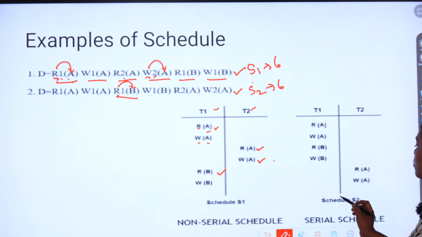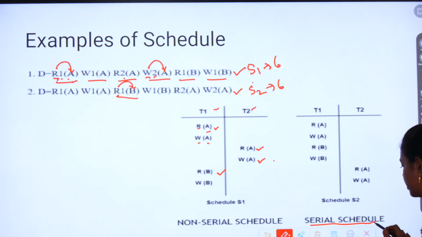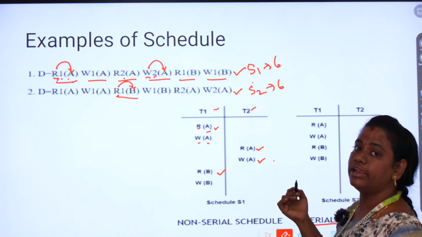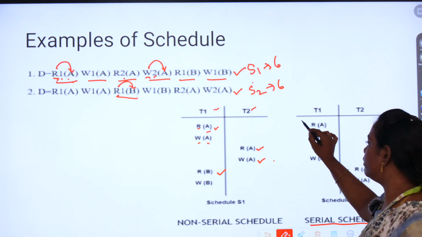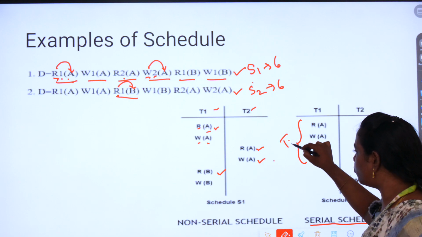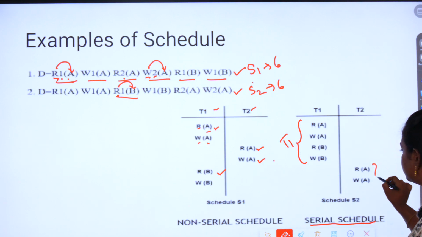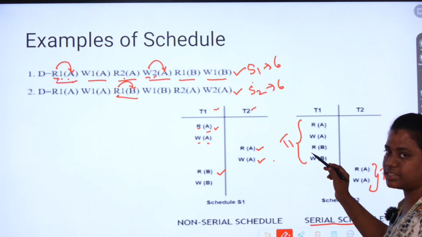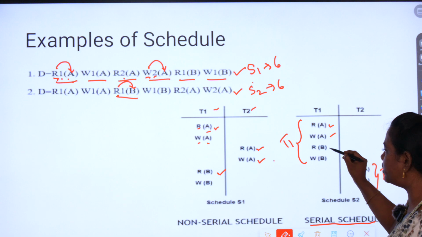Okay, here now comes your serial schedule. This is your example for a serial schedule. I already explained what a serial schedule is. Here in a serial schedule, after completing transaction 1, only then will your transaction 2 start executing. Here this is your transaction 1, and it contains 4 different operations.